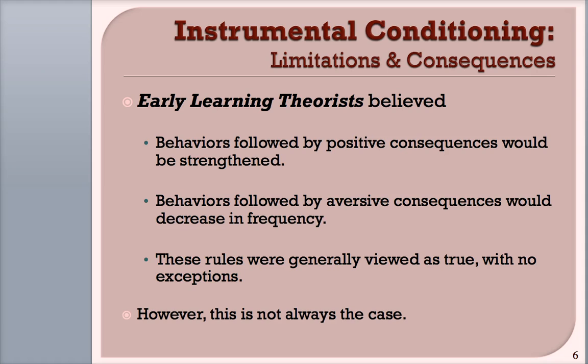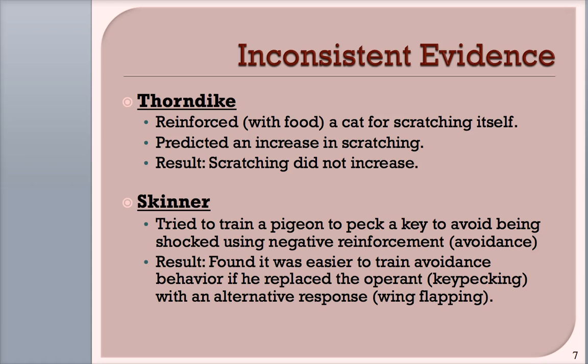But slowly over time, in the process of experimentation, they discovered that there were some cases in which the animals didn't behave the way they expected. When we go back to Thorndike, his puzzle boxes were very famous, and the cats did escape, and they either earned positive reinforcement for escaping or negative reinforcement for escaping. But he then tried to reinforce a cat for scratching itself.